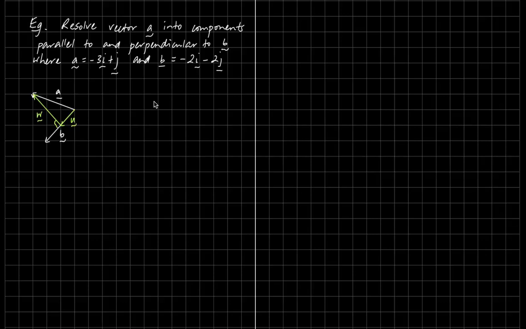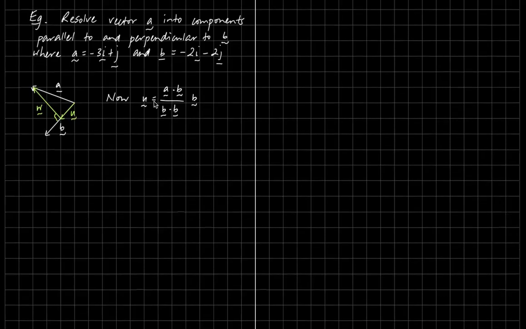So I'll use the first version I produced, which isn't the one that's on your formula sheet, and then I'll show you that we can do it with the one on the formula sheet as well. So I said that we could calculate u, the vector projection of A on B, by taking the dot product of A and B, dividing by the dot product of B with itself, and then multiplying by vector B. That's the amount by which I'm scaling vector B up or down to get vector u.